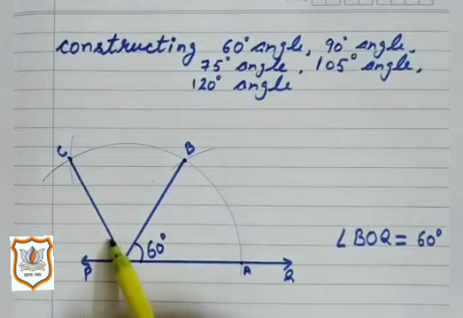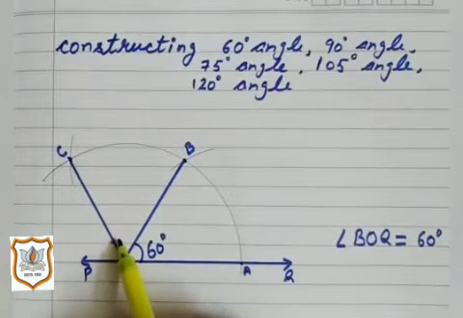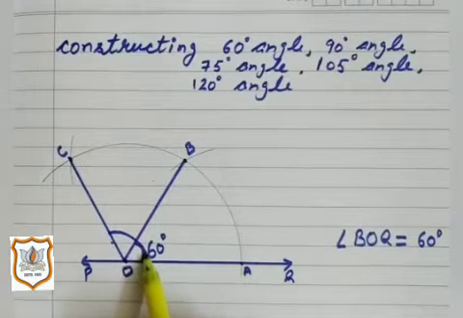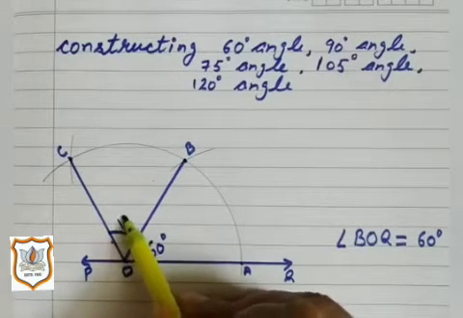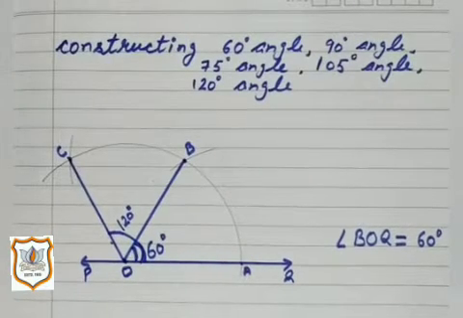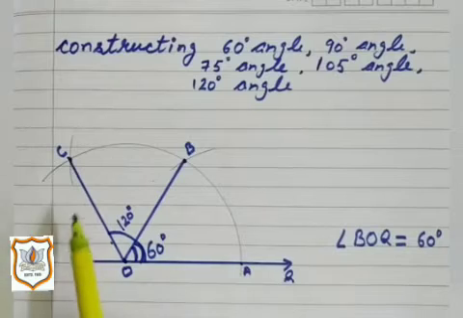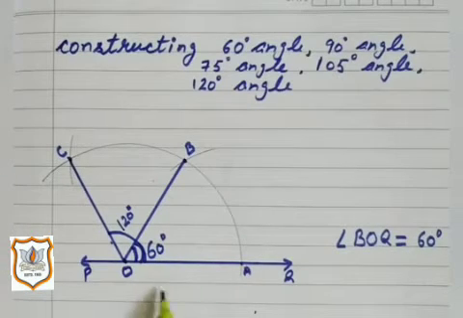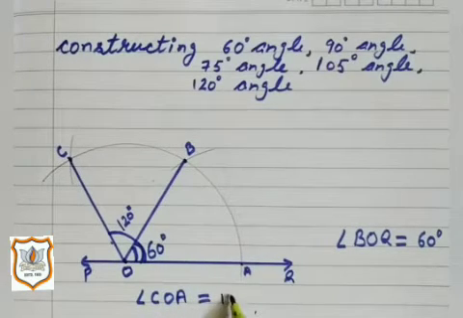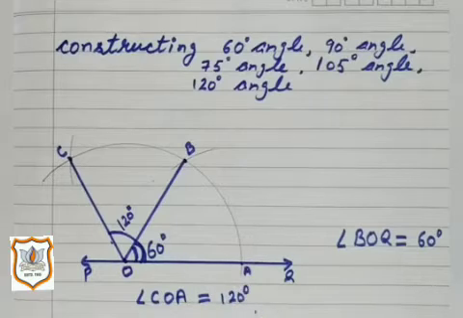So this entire angle is 120 degree. This is 120 degree. So we write here 120. So we will write angle COA is equal to 120 degree. Students, you can verify by using a protractor.